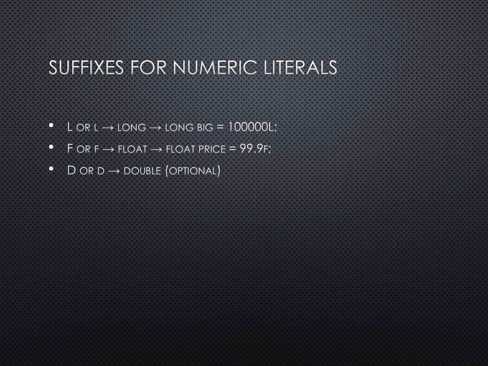If we add F or small letter f, it specifies a float, such as float price equal to 99.9F. For double, the suffix D or small letter d is optional since double is the default type of floating point numbers.